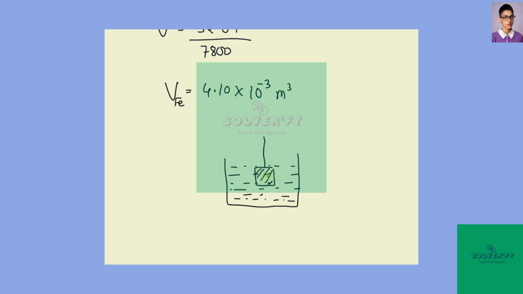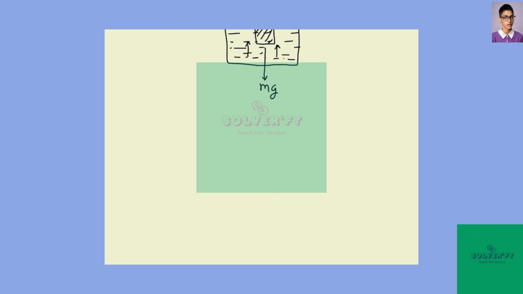Now this iron will have a weight that is mg, but there will be an upthrust, a buoyant force which is acting on this in the opposite direction to the weight. That is why the weight of this will change. So the change in the weight will be the apparent weight, which we will calculate.